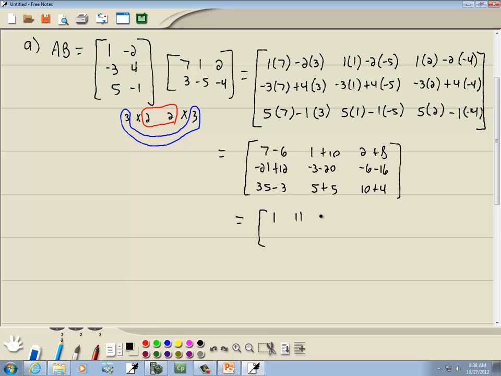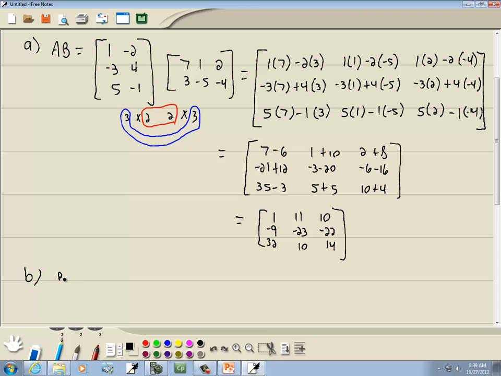It's 11. 10. Negative 9. Negative 23. Negative 22. 32, 10, and 14. And that looks alright. Looking for basic math errors.